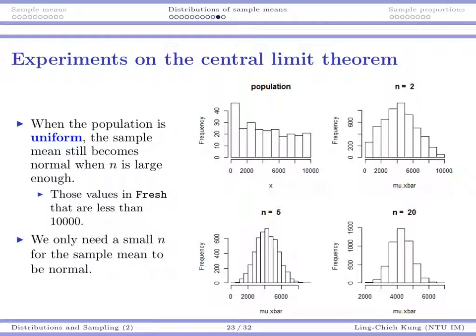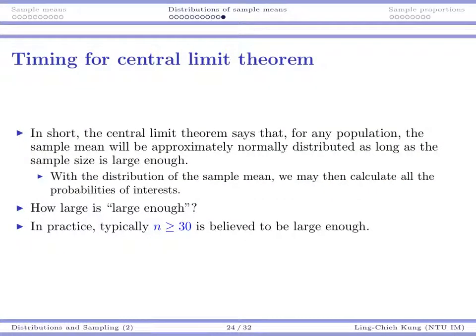And finally, if your population itself is normal, then no matter how many values you get in a random sample, your sample mean would be normal. So in short, the central limit theorem says that for any population, the sample mean will be approximately normal as long as the sample size is large enough.